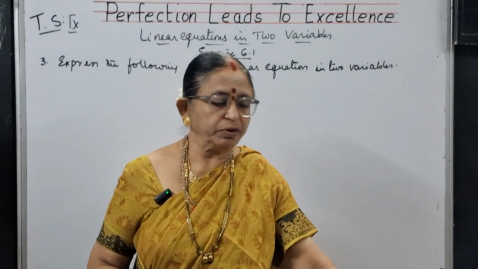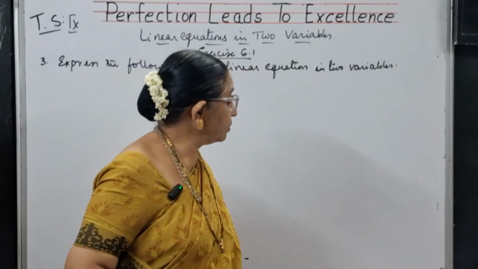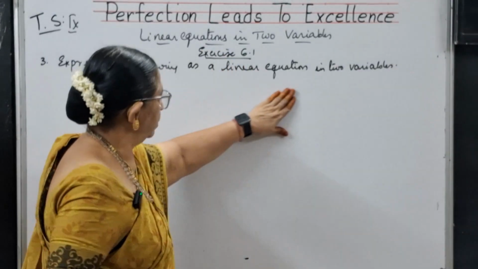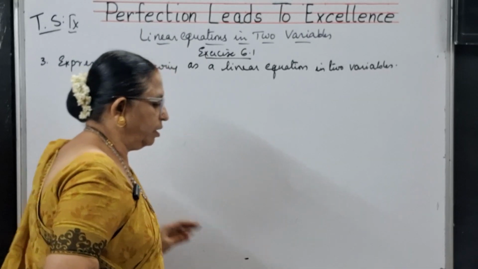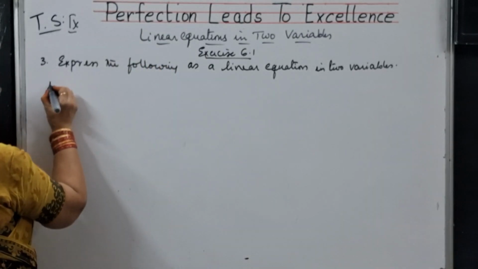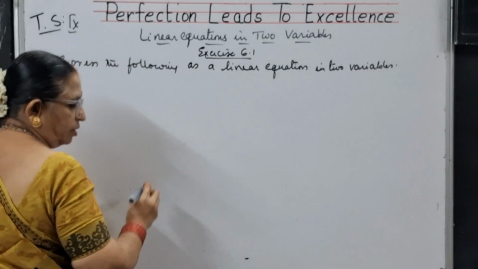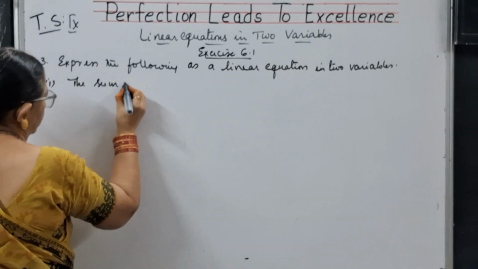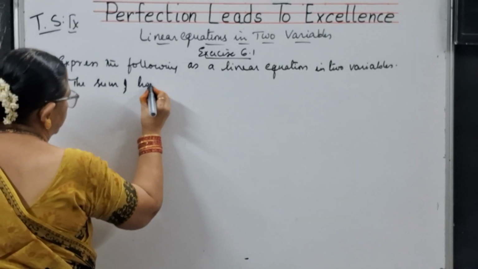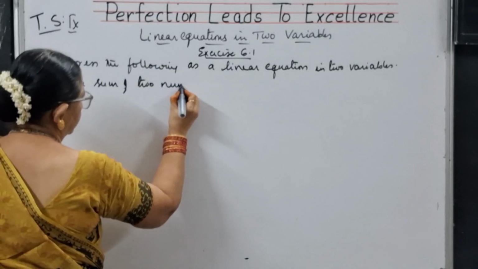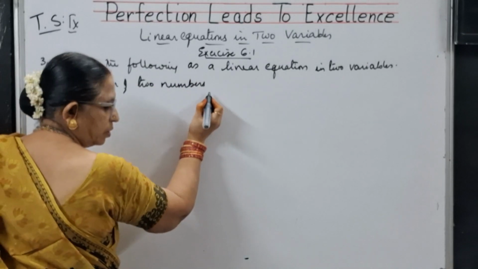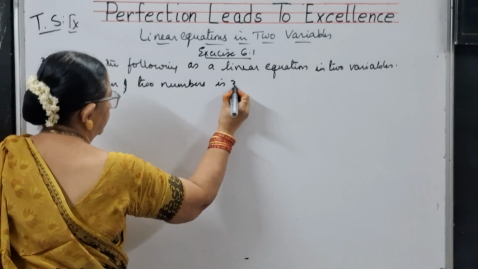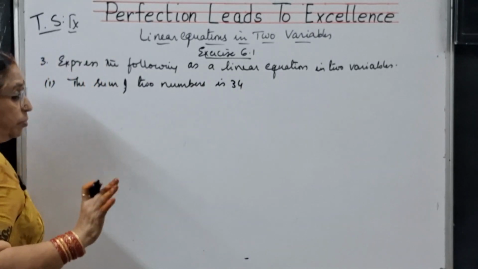Now, third problem, children. Express the following statements as linear equations in two variables. Statements are given to you, children. First one, the sum of two numbers is 34. So, children, remember one thing.